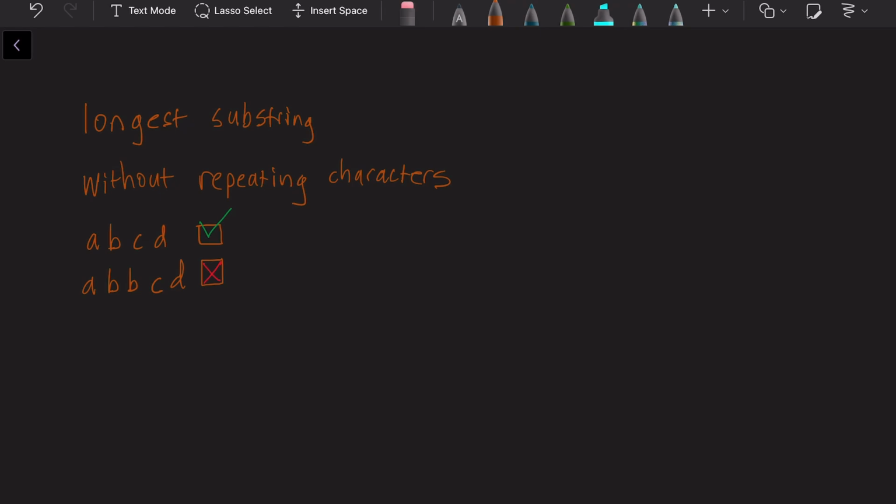Within a string, we'll be looking for the longest substring that has one of each character. A, B, C, D is a valid answer because it has one of each character. But A, B, B, C, D is not a valid answer because it has two B's, as you can see.